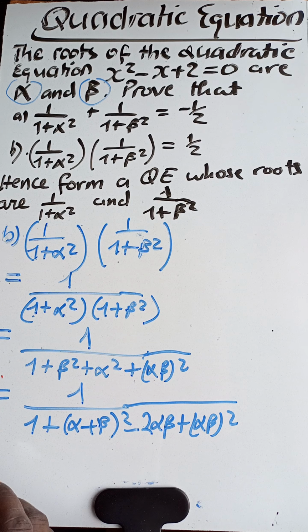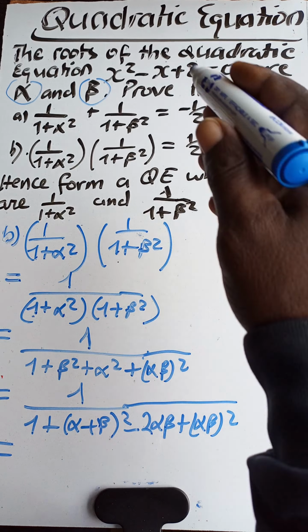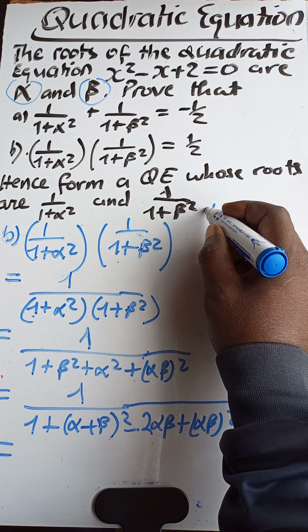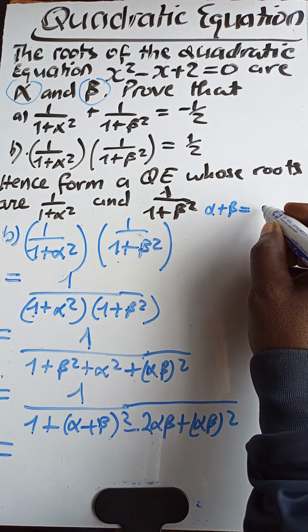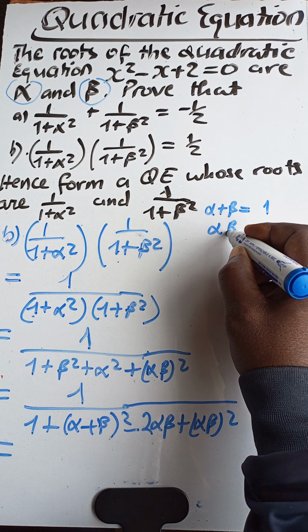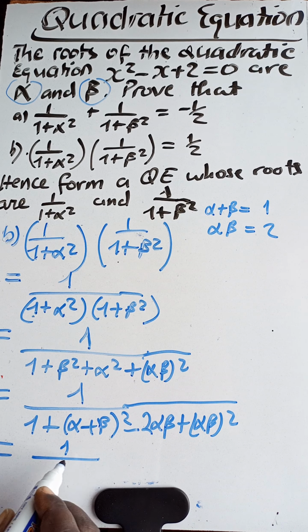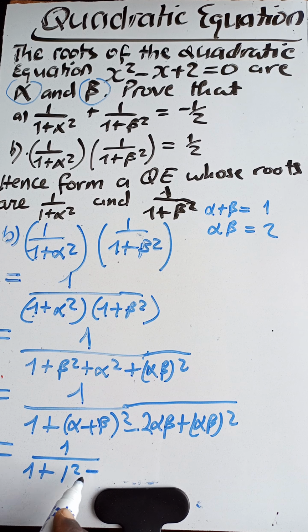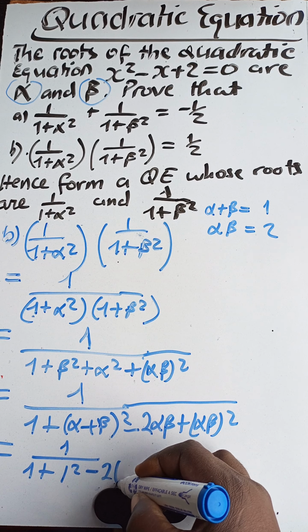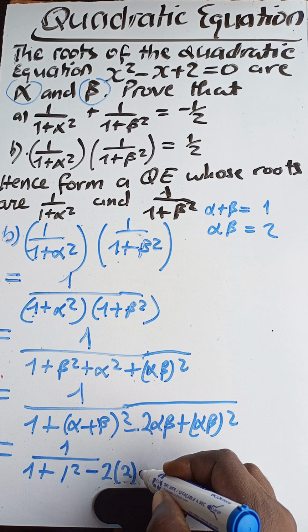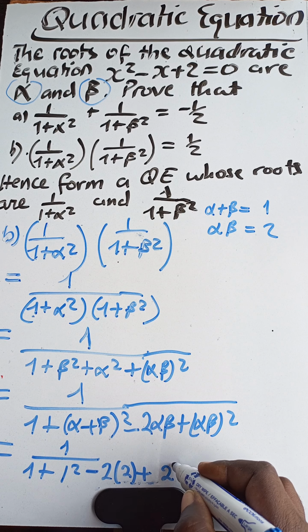Okay, so now again we use the information that we had earlier on. Sum of roots was 1 and product of roots was 2. So we'll put it there. We're going to have 1 all over 1 plus 1 squared minus 2 into 2 plus 2 squared.